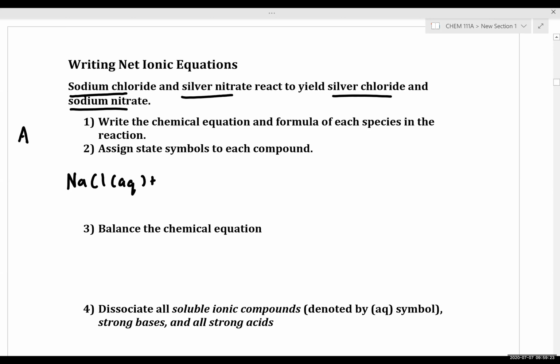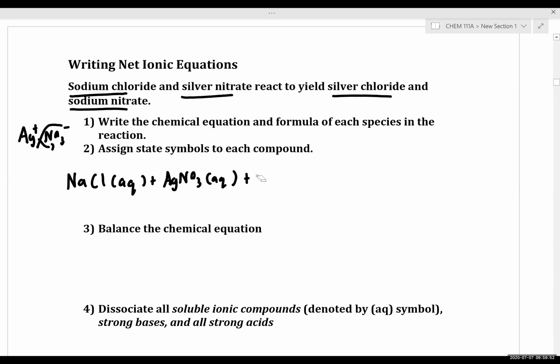Silver nitrate, we have Ag+ and NO3-. We cross our charges. That gives us AgNO3. Now, is silver nitrate soluble or insoluble? It's a nitrate salt, so is it soluble or insoluble? Soluble, so it gets the aqueous symbol.